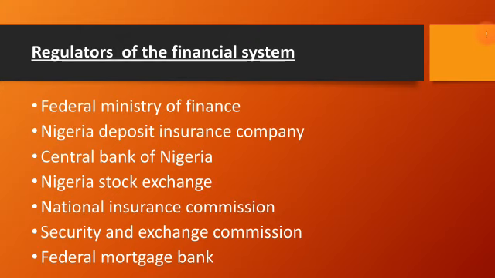Then you also have the Securities and Exchange Commission. It's also one of the regulators of the financial system. Then finally, you also have the Federal Mortgage Bank. The Federal Mortgage Bank is also a regulator of the financial system.